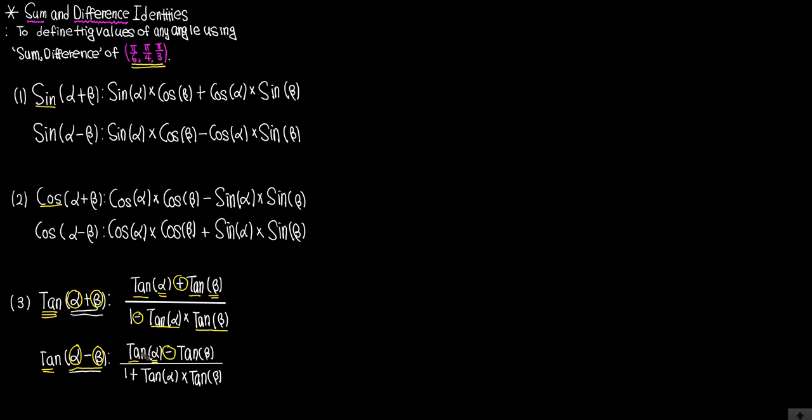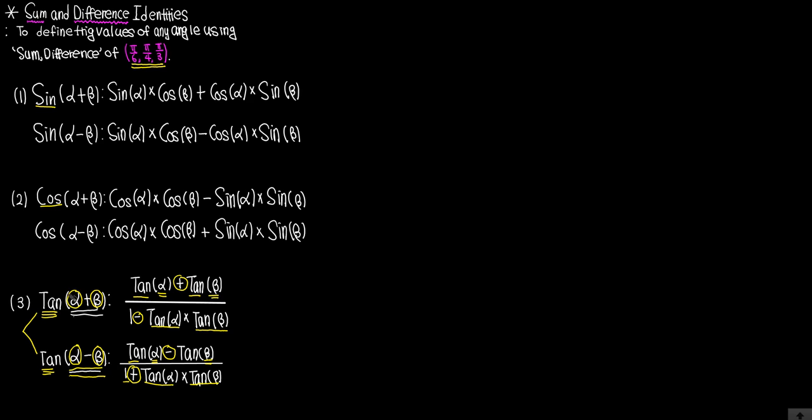When it is a minus inside the numerator, it will be the negative tangent of the second angle. And inside the denominator for the difference identity, it will be 1 plus the multiplication of the tangent of alpha times the tangent of beta. So this is the tangent of alpha minus beta. These are the two identities for tangent, sum and difference.